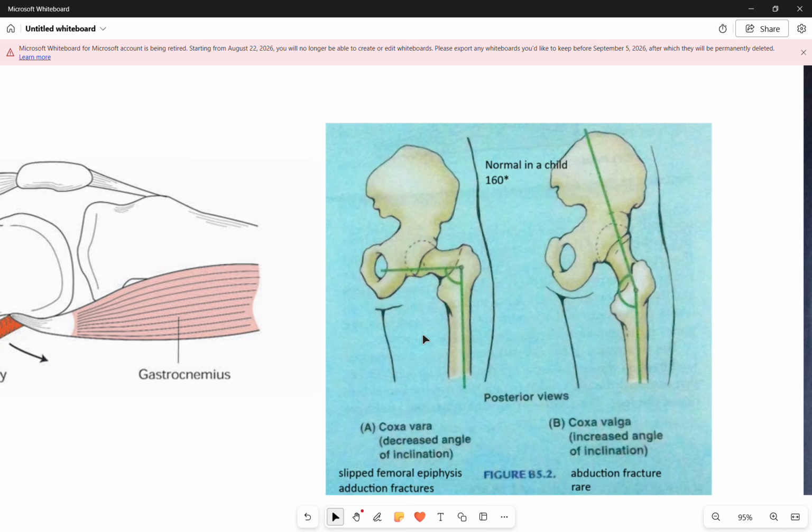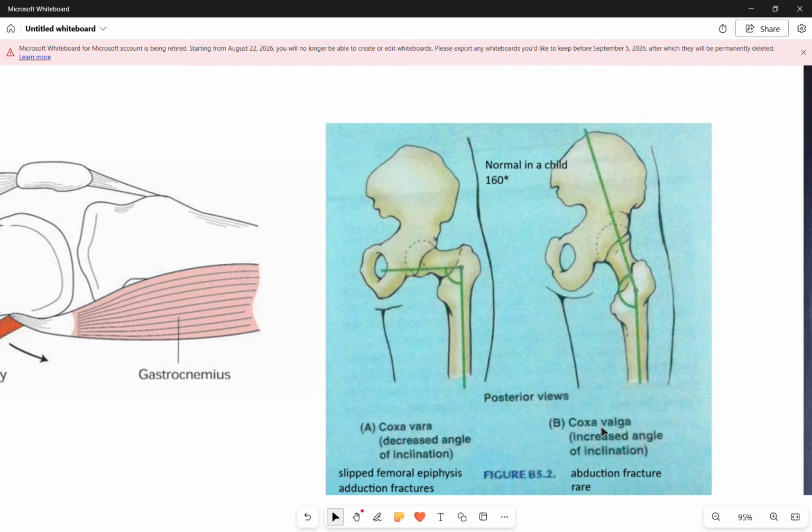Now in coxa vera, the angle between the neck of the femur and the shaft is decreasing, the angle of inclination. And this happens in slipped femoral epiphysis or wherever there are adduction fractures.